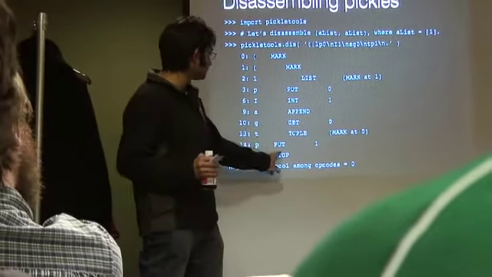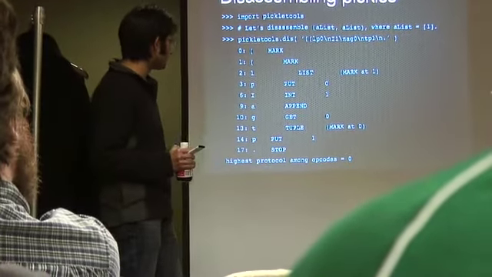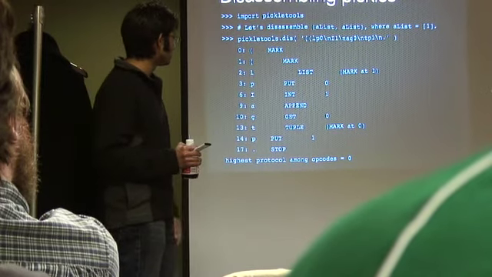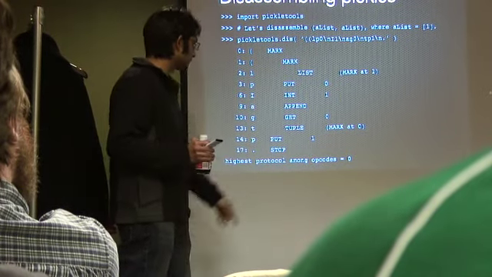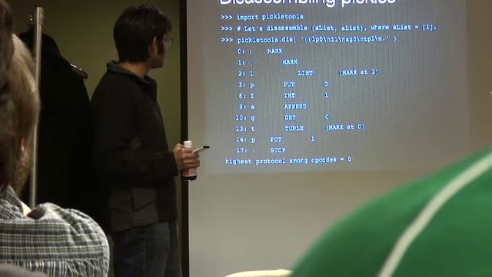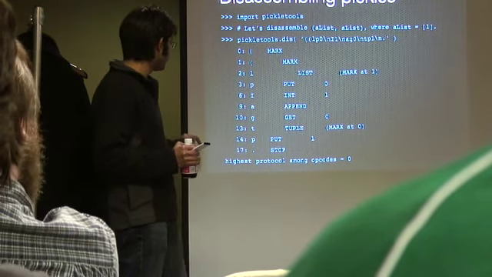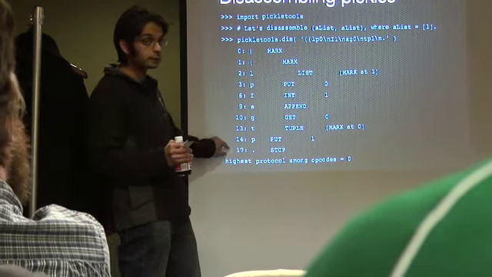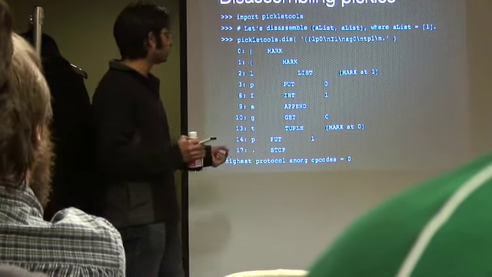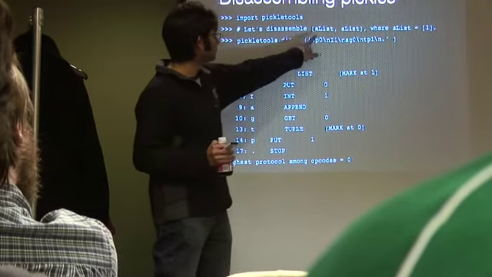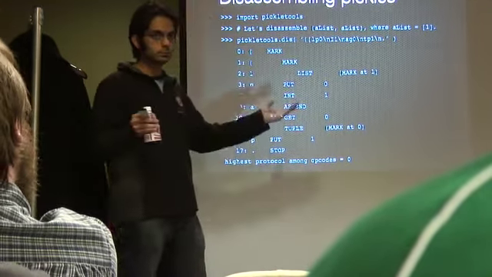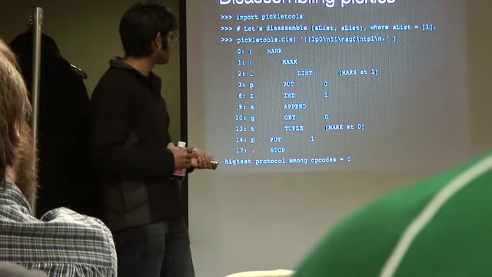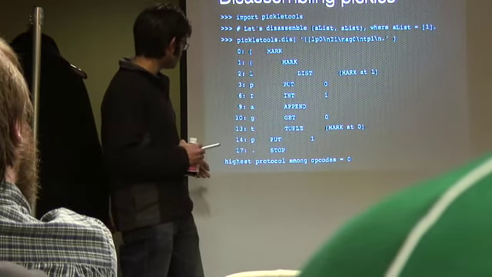And then here we're just going to assign object ID number 1 to that tuple, which we don't really need to do because we're about to stop. And so then essentially we've just got one thing on the stack, which is this tuple containing 2 identical objects, which is the thing that we pickled in the first place.